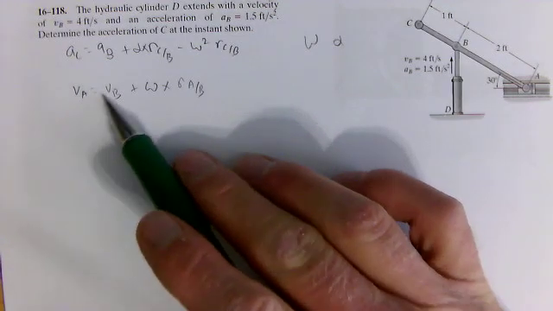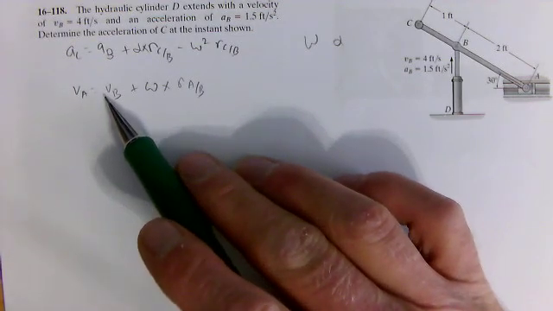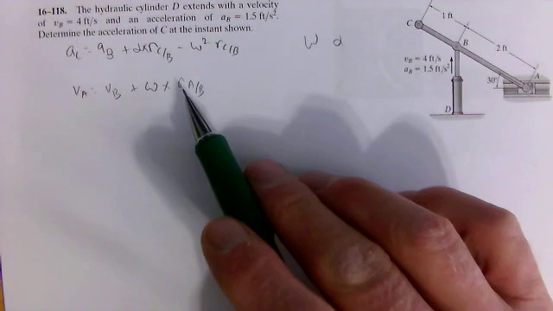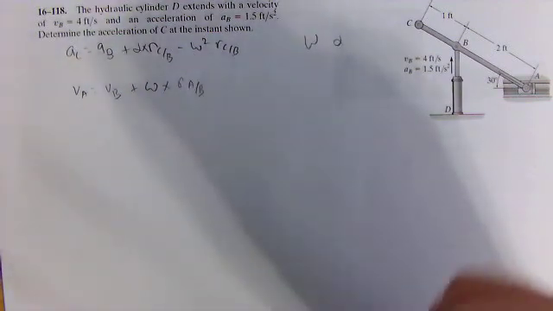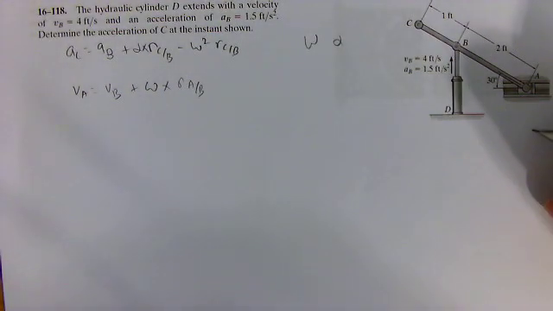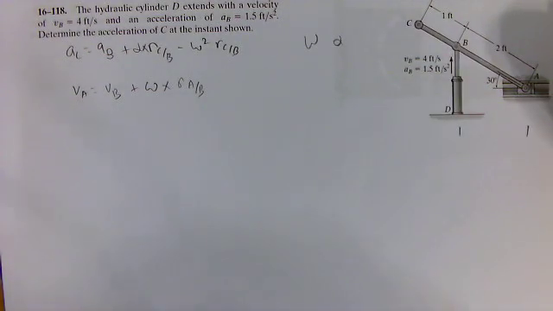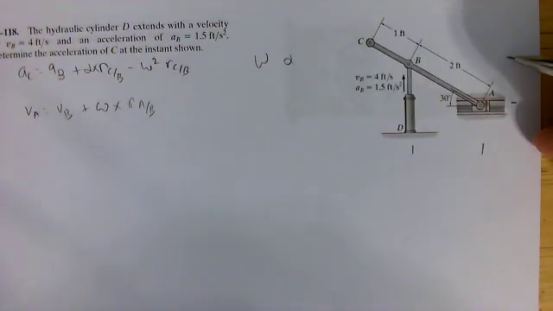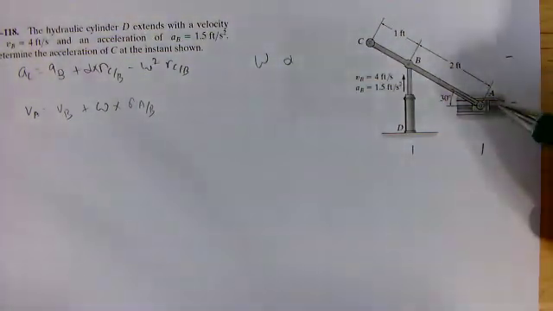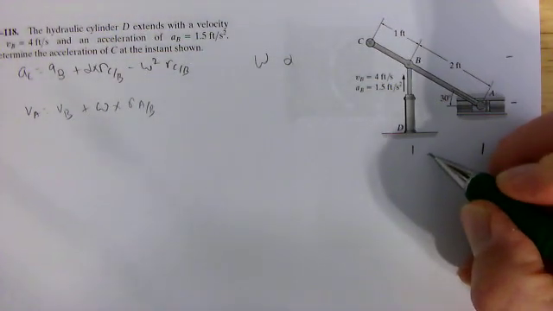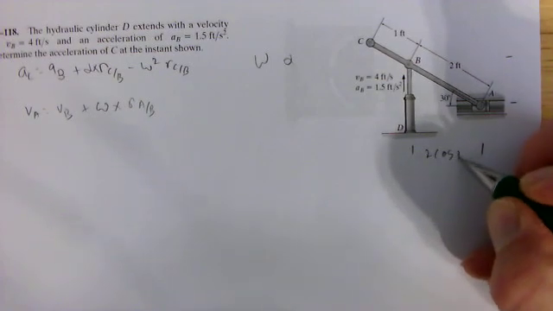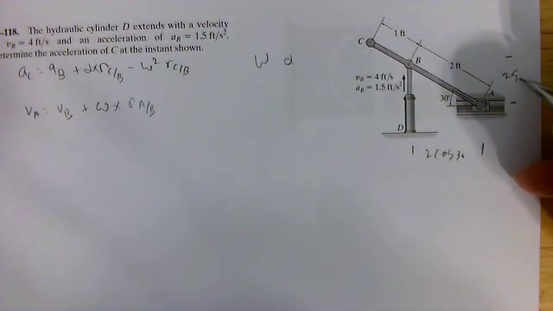We know VB, and we know RAB. Looking at A to B, this distance is 2 cosine 30, which is 1.73, and this is 2 sine 30, which is 1.